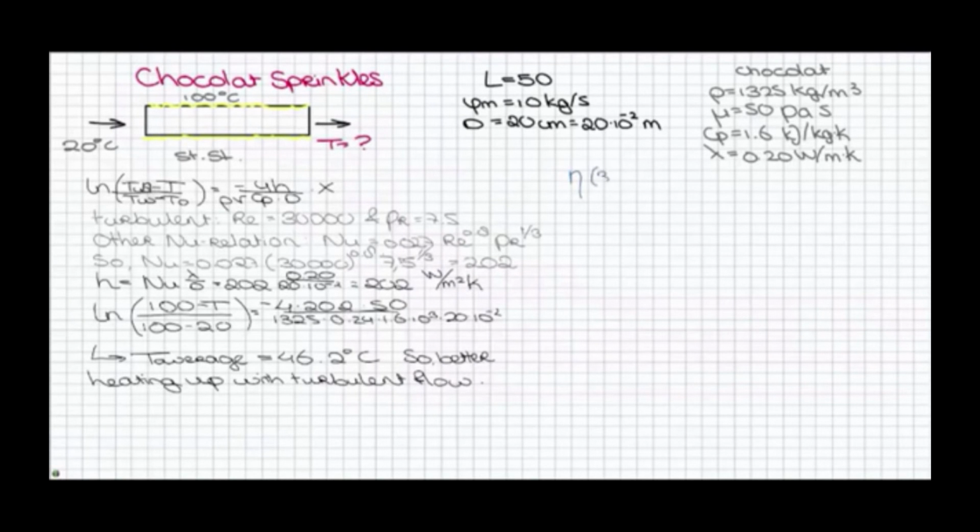The last part states what if the temperature gradient from the wall to the middle of the pipe also results in a viscosity gradient. Then the Sieder and Tate correction needs to be taken into account, which results for turbulent flows in this Nusselt relation. Here you see the viscosity difference of the chocolate at different temperatures.